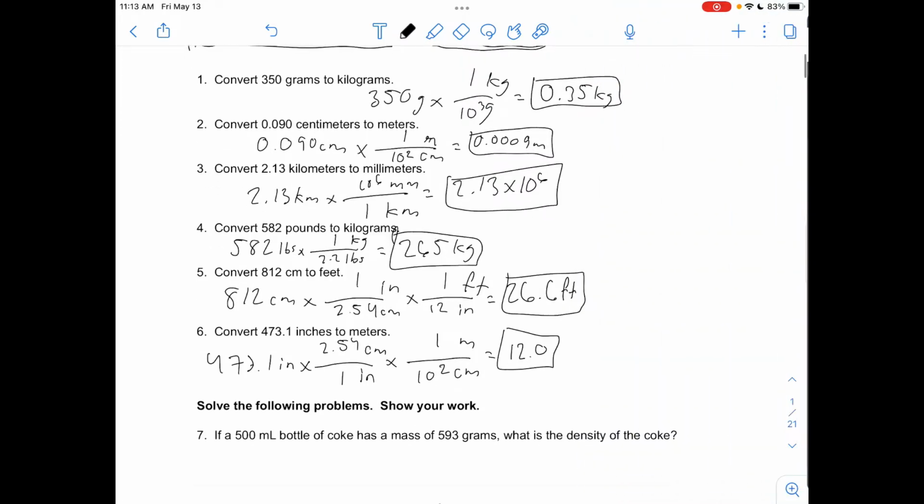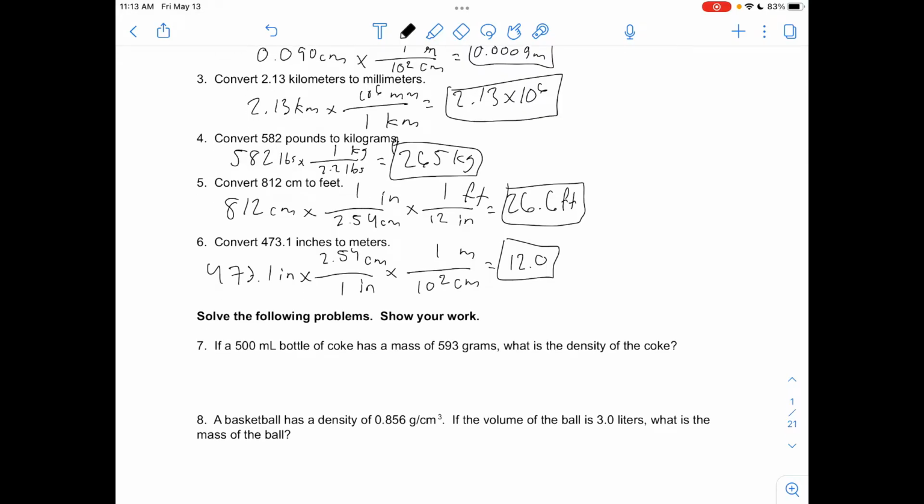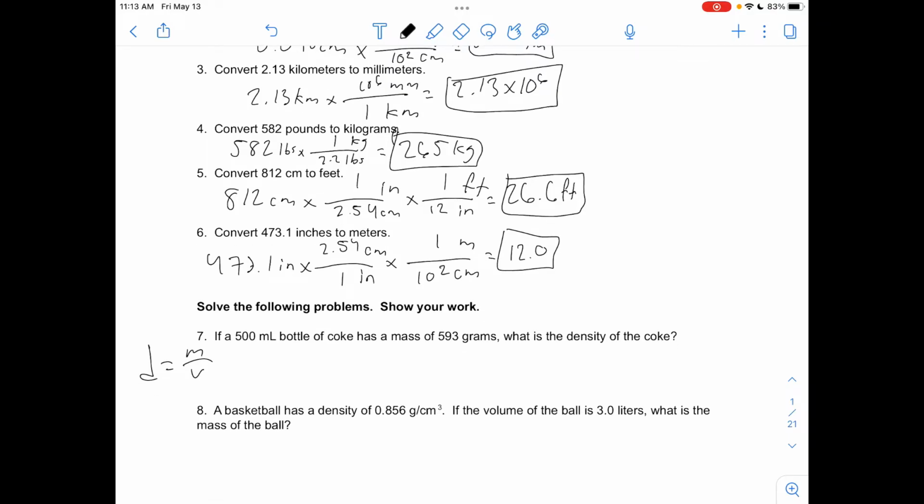All right, so those are conversions. Next one, 500 milliliter bottle of Coke, mass of 593 grams. Density, remember D = M over V is our density equation. And so we're looking for D, density. We have 593 grams over 500 milliliters, which is the volume.